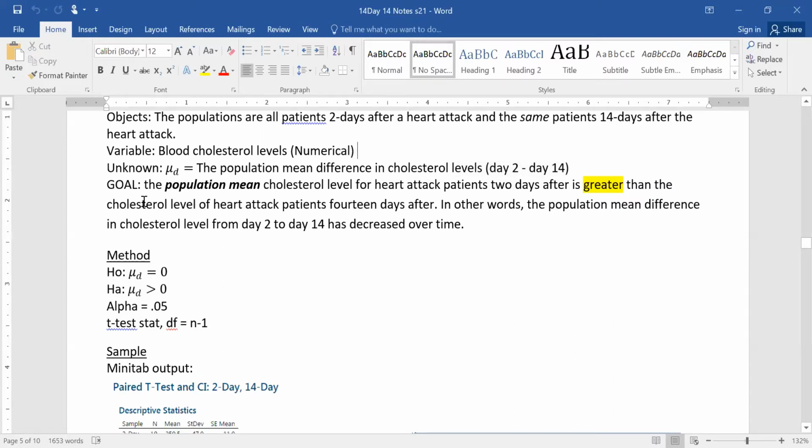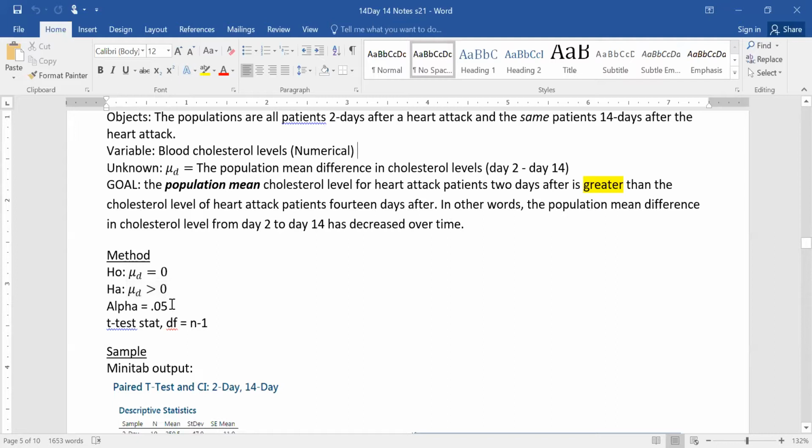My goal is to say that the population mean cholesterol levels for the heart attack patients 2 days after is greater than the cholesterol for 14 days after. Or you can say that the population mean difference in cholesterol levels from 2 day to 14 day has decreased over time, right? That was right from the problem. You can write your goal a couple different ways. Remember, it's always to support my HA. So my null down here is it equals, my HA is greater than.